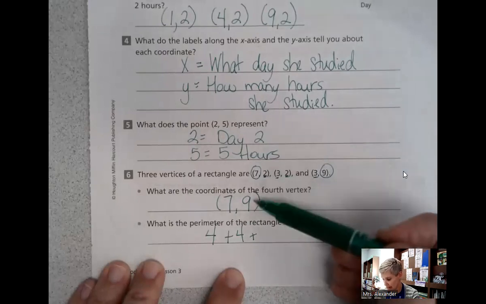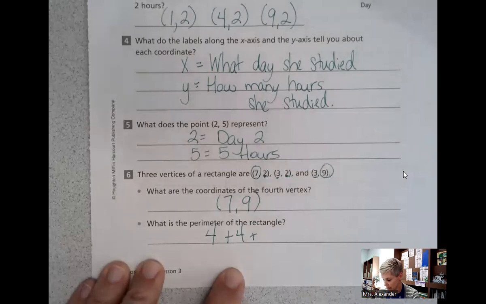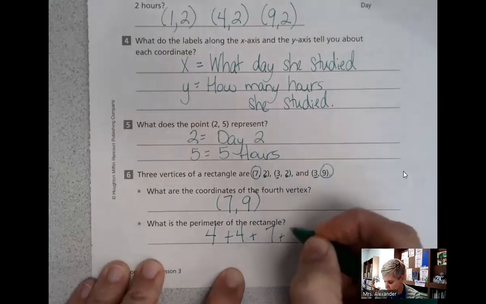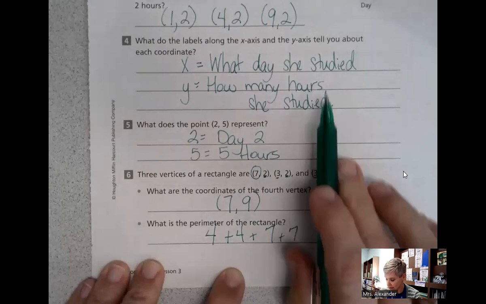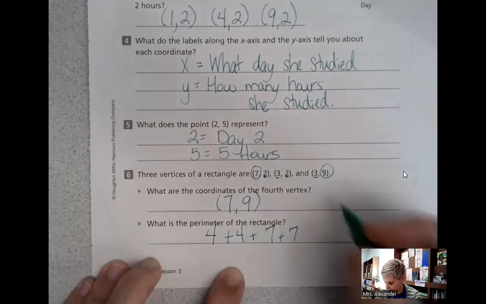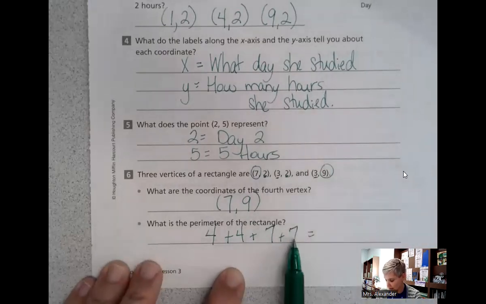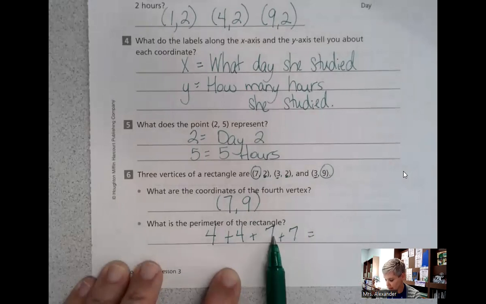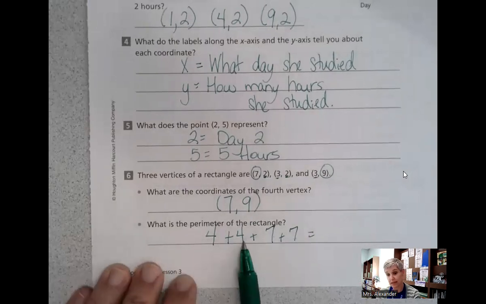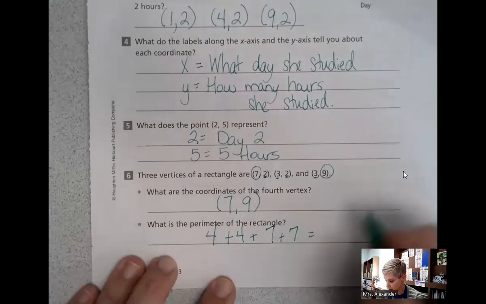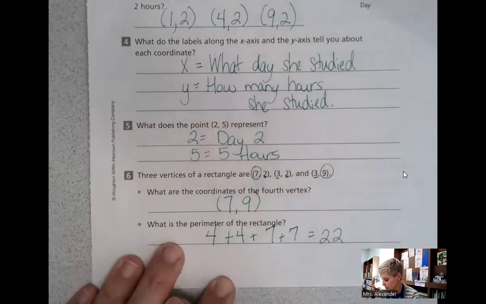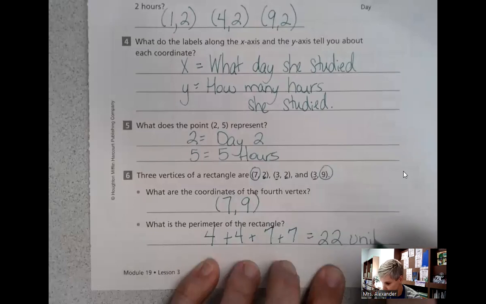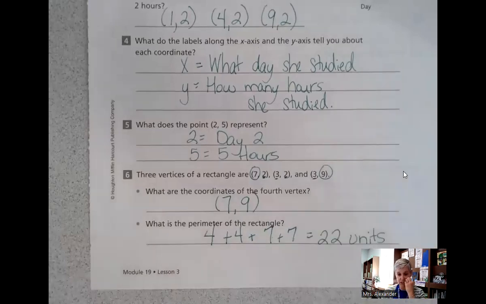So from 2 to 9, we have 7. So for those vertical sides, we would have 7 and 7. So I have 7 plus 7 is 14, plus 4 is 18, plus 4 would be 22 for our perimeter. And we don't have a label, so we'll just call it 22 units for the perimeter.